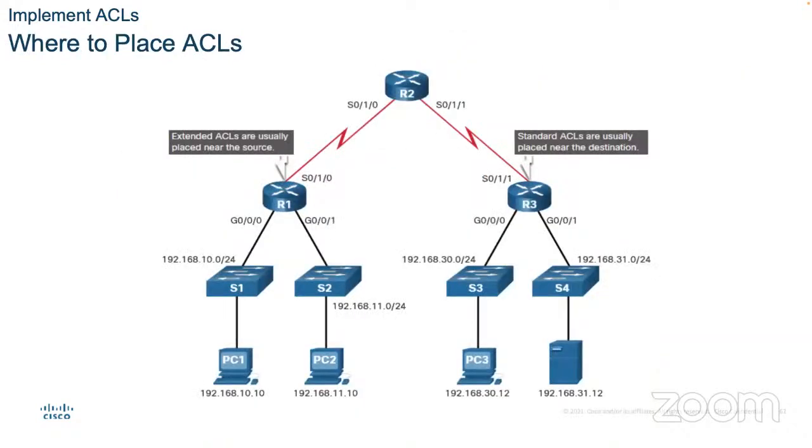Like I said, you want to put your ACLs in a place where they are most efficient. The usual objective is to prevent traffic that originates from a network from reaching another. So we want to find the best place to put them.